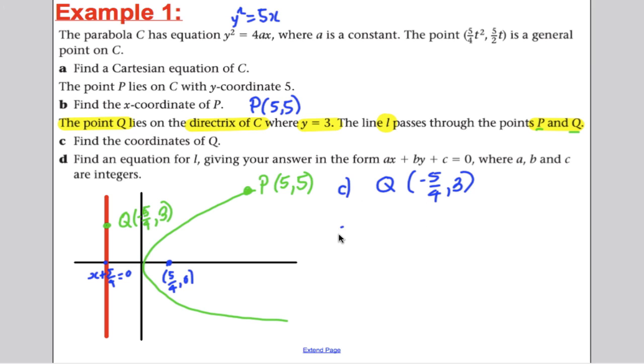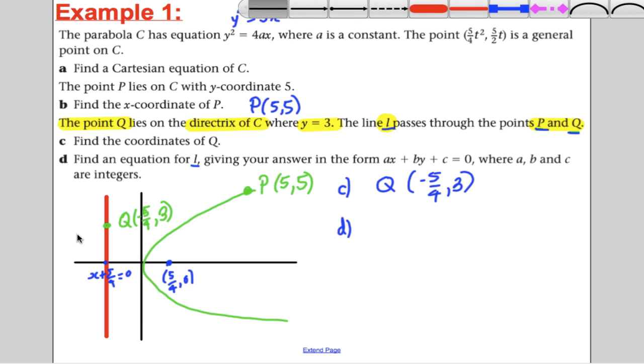D, what are we looking for here? We are asked to find an equation for L. Now remember, L passes through the points P and Q, and give it in the form ax plus by plus c is 0, where a, b and c are integers, i.e. whole numbers.